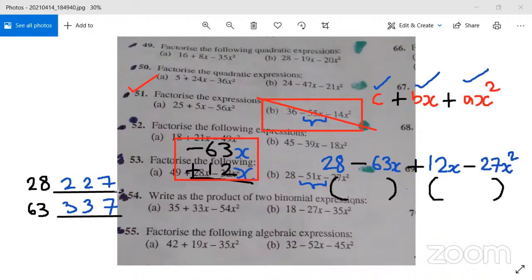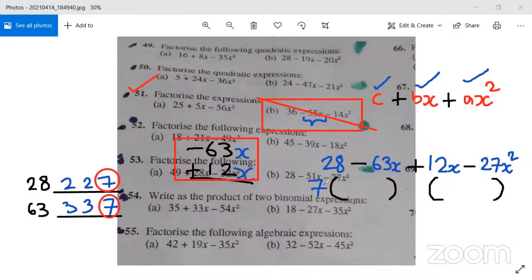Prime numbers take away all of the guesswork. Look at that. And they don't have anything else in common, right? So that means that the HCF of 28 and 63 is clearly going to be the number 7.